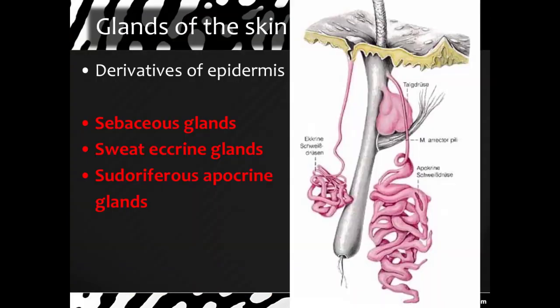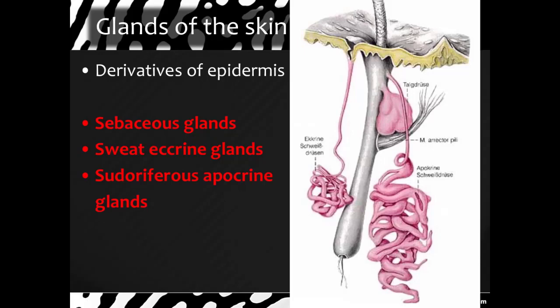Okay, so that's the structure of the nail. Now, glands of the skin. Glands of the skin are, of course, derivatives of epidermis. That means that they arise from the epidermis, and they can be categorized into three groups.